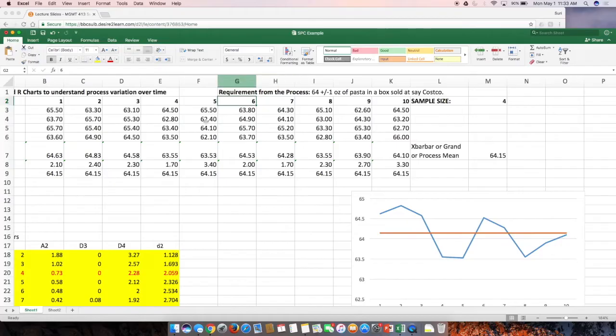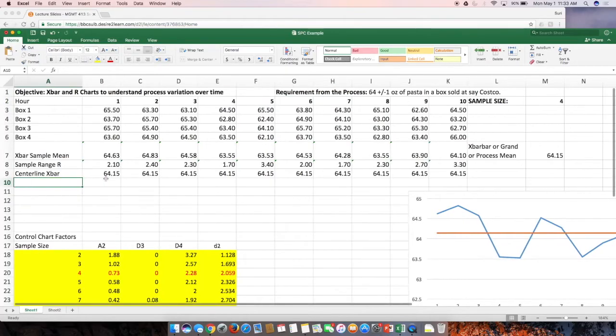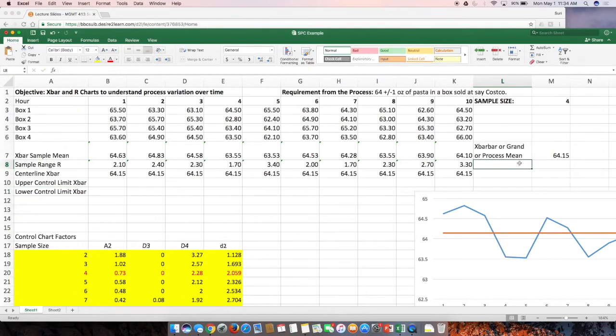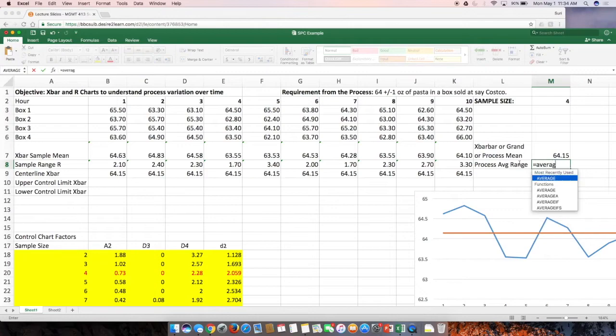Next, we're going to calculate what's known as the upper control limit for the X bar chart and the lower control limit for the X bar chart. So first, let's calculate the process average range, which is nothing but the average of the range values. Go ahead and calculate this, and then we'll be ready.